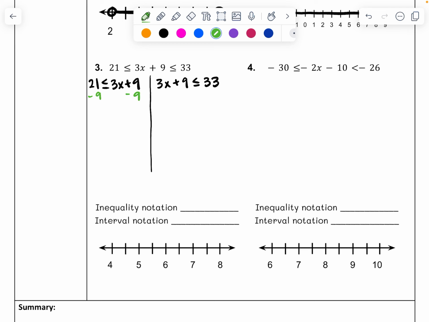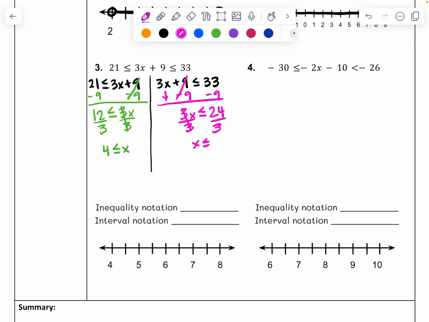Subtract 9. 12 is less than or equal to 3x. Divide by 3. 4 is less than or equal to x. On the right, subtract 9. 3x is less than or equal to 24. Divide by 3.